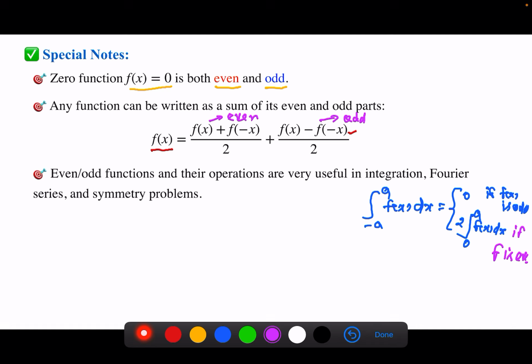So the even and odd functions are very useful to simplify expressions and also to reduce the computation.